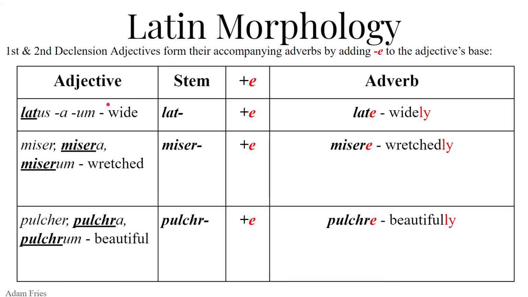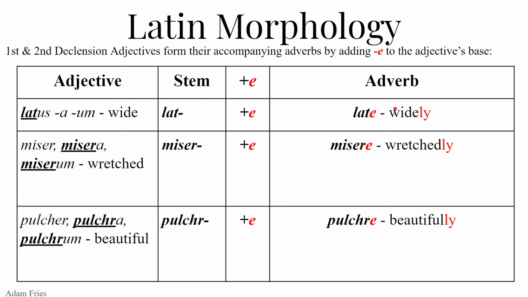You wanted to say widely or broadly, making the adverb forms of those adjectives, wide and broad. You take the stem of the Latin adjective, so latus, the stem is lat, and then you'll add the long e, late. So the adverb late, widely, broadly.